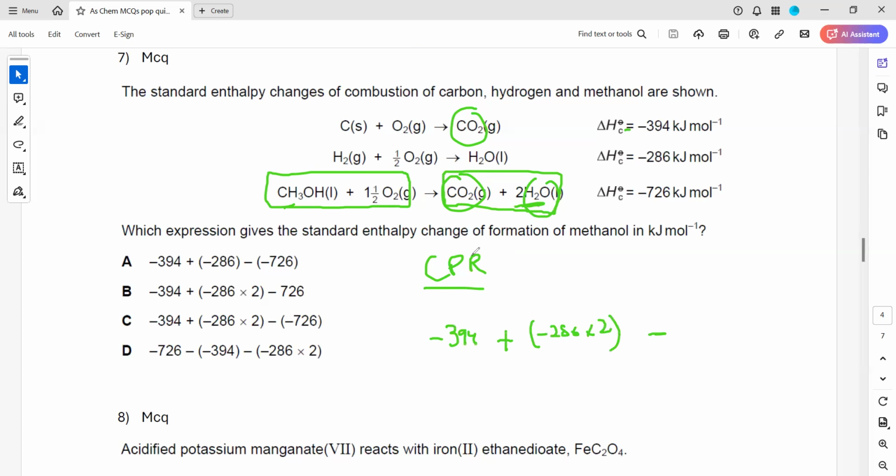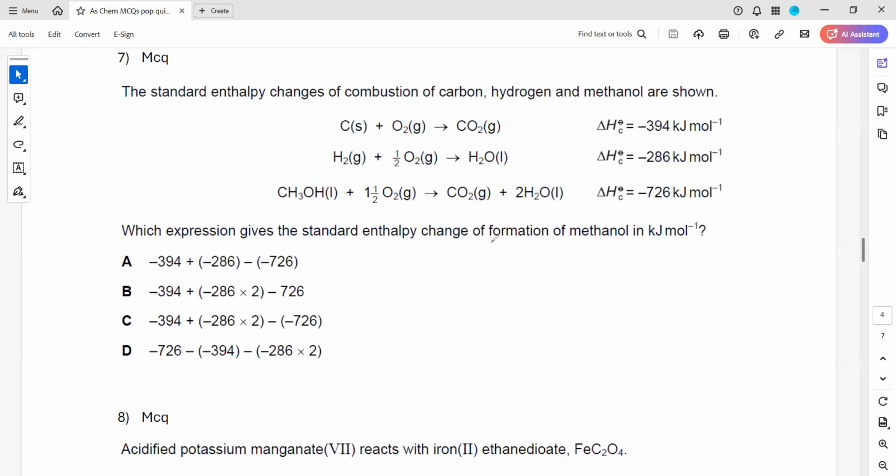Minus the reactant. So what is the reactant? Methanol is a reactant, and the combustion of methanol is already given to us. So it is minus 726. So this will work.